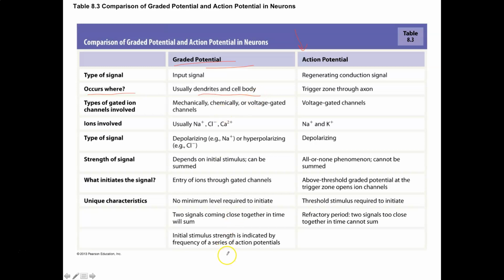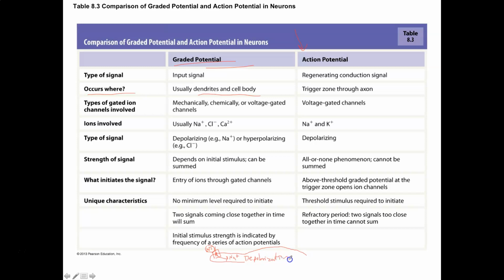Well, a graded potential is really a signal that oftentimes is based off of, let's say we have a receptor in the dendrite, and oftentimes it's a neurotransmitter that binds to that receptor that's going to open this chemically gated channel, and let's say it lets some sodium in. Well, if it lets sodium in, it's going to cause a depolarization.